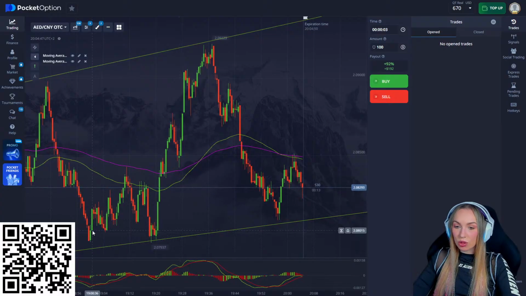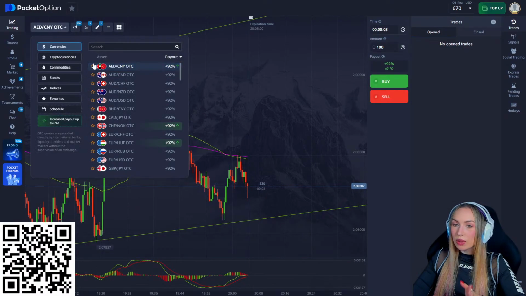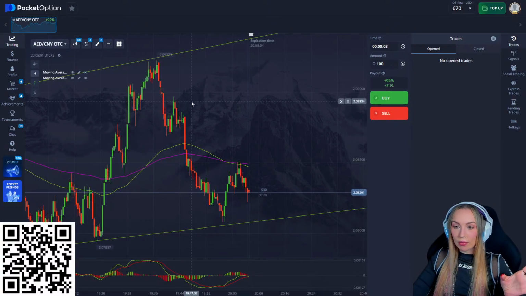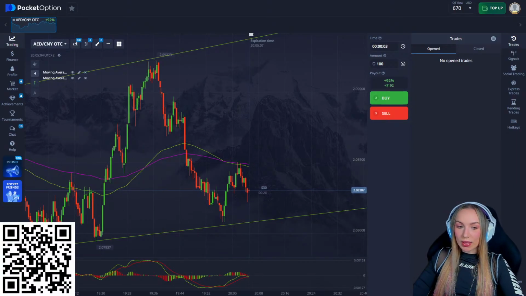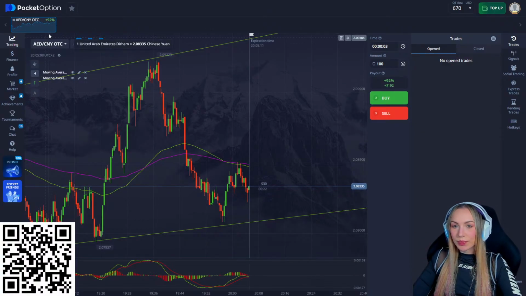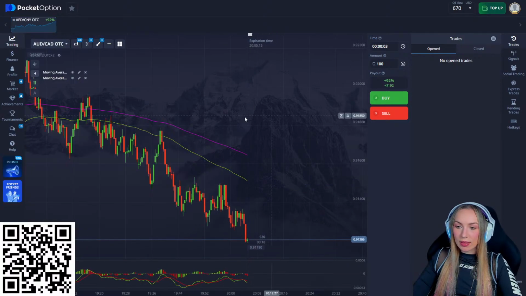You see here it touched the resistance, then the support, then it went up, touched again, and then went up. So this chart has a clear structure. I would save it, and maybe later in 3-5 minutes I would open here the trades in the upward direction. So for now, I would love to move to the next trade.